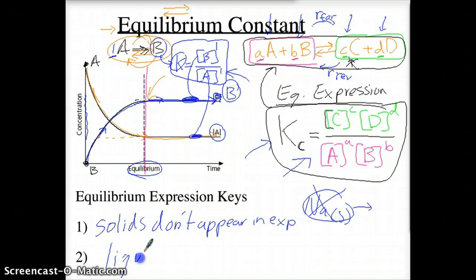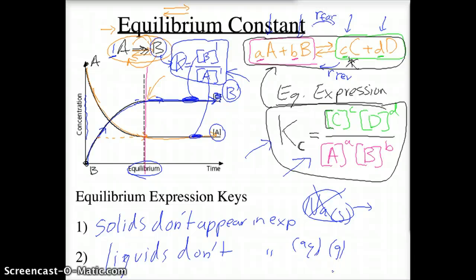It's the same thing for liquids. Liquids don't appear in the expression as well. Neither of them shows up. Only aqueous and gases show up in the equilibrium expression.